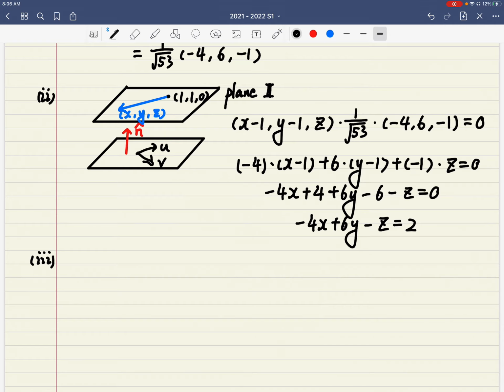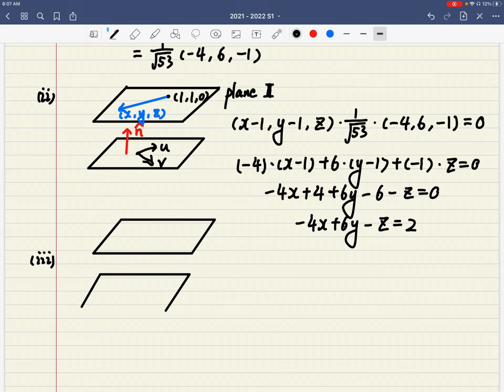To get the distance between two planes, you need two things. First, you need two different random points on the plane. For example, for this plane 2, you already know P. This 1, 1, 0 is on the plane.